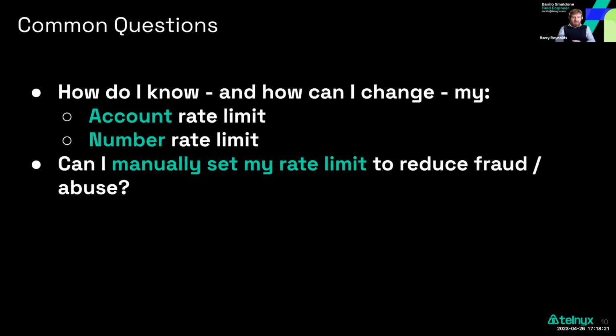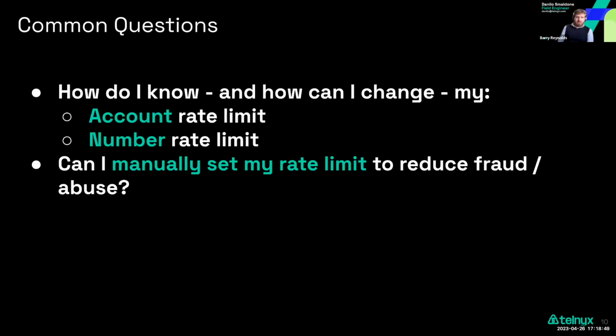So yeah, mainly what are the questions we are receiving here, of course, related to this topic: what are and how can I change, or how do I know what my account rate limit, my number limit is? And another common question is whether it is possible to set my rate limit for some kind of fraud or abuse control.